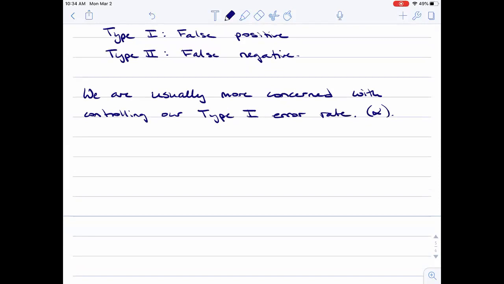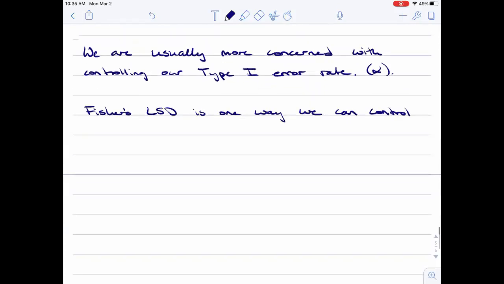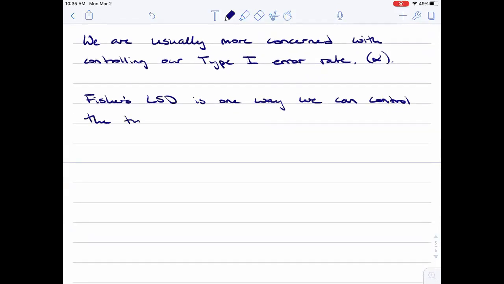So Fisher's LSD is one way that we can control our type 1 error rate. Fisher's LSD, least significant difference, is one way we can control the type 1 error rate in multiple comparisons, right?